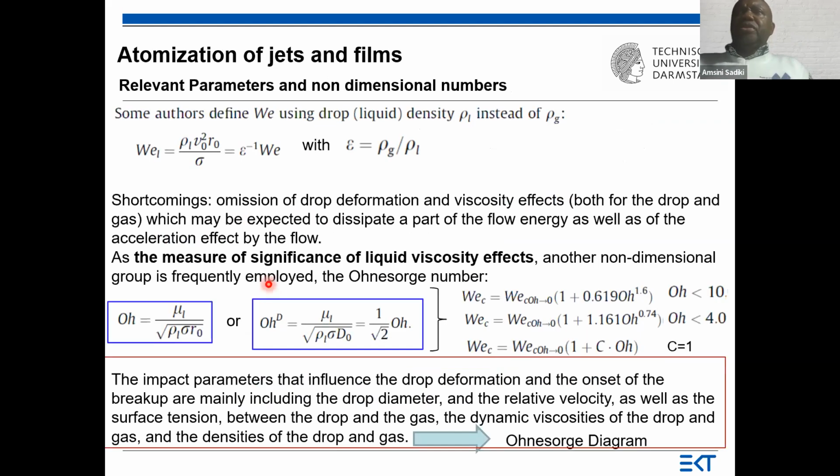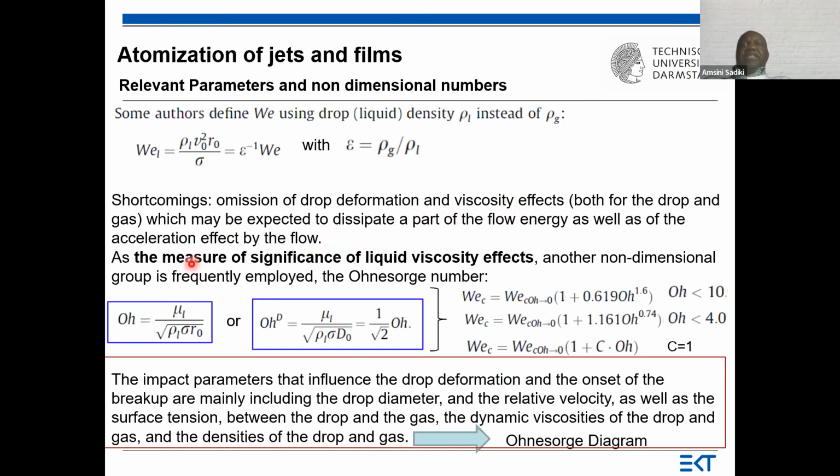Now we consider the droplet deformation and naturally the viscosity effect for both the droplets and gas. Because this quantity can introduce some more dissipation on part of the flow energy as well as on the acceleration effect by the flow.